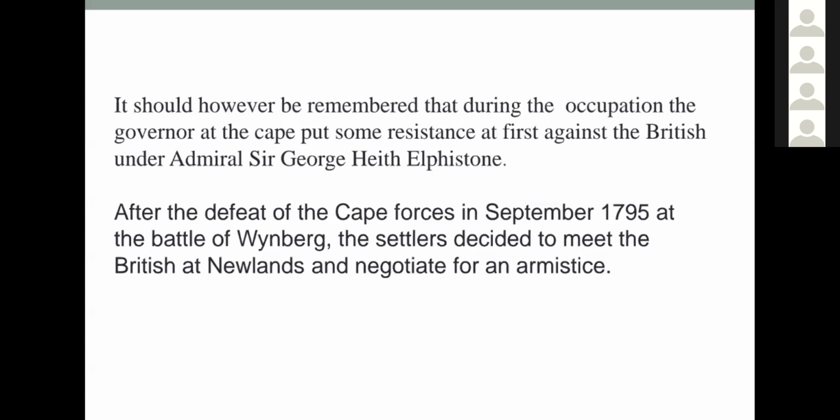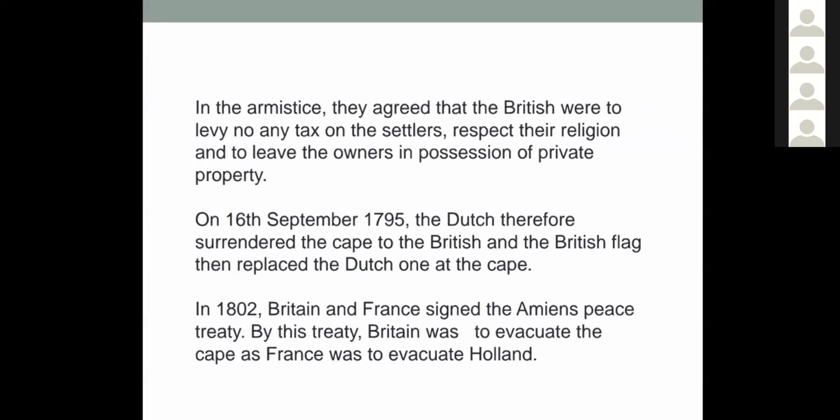Let us go and negotiate for an armistice. When we say an armistice, girls, we mean a ceasefire, that you agree to stop fighting for some time. The settlers said, these are the British, let us go and negotiate with them because our forces were very weak, so that we can meet and agree. So they met at a place called New Lands and negotiated for an armistice, what I have called a ceasefire.